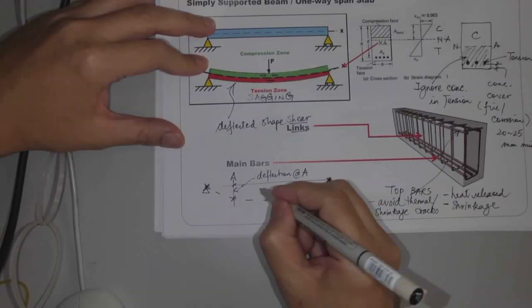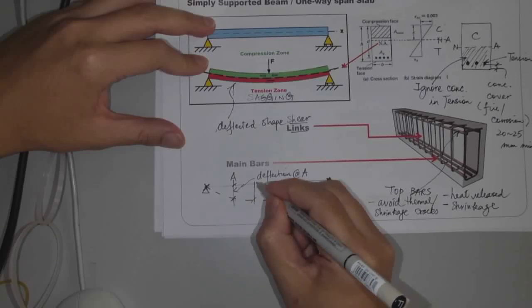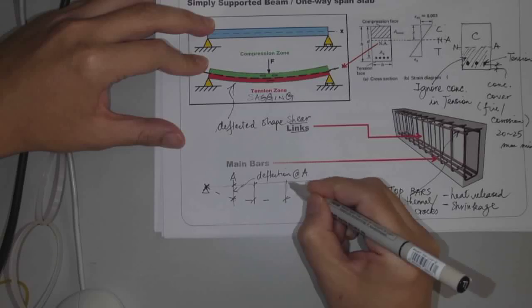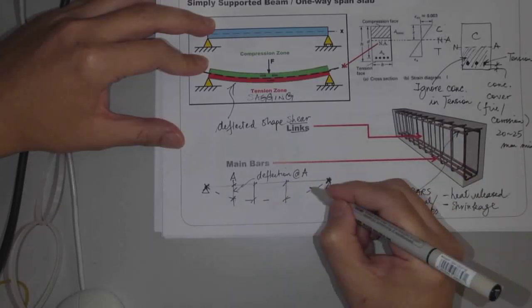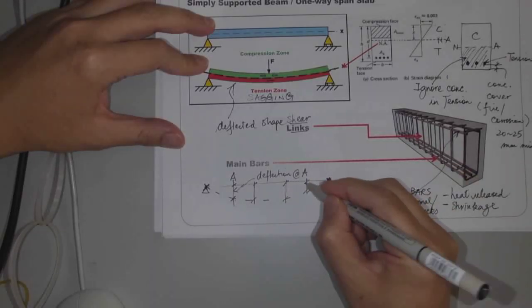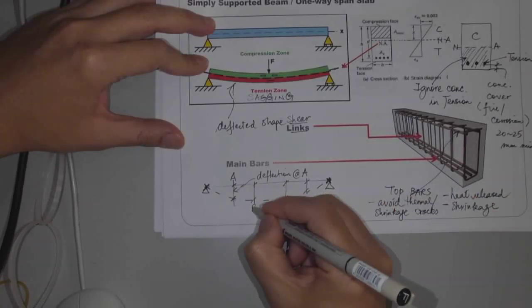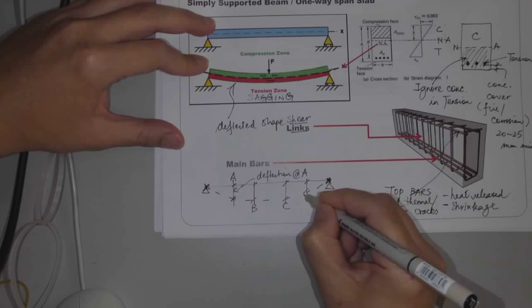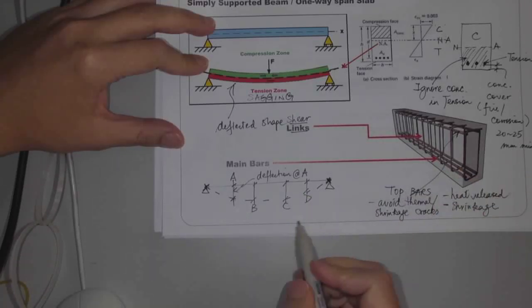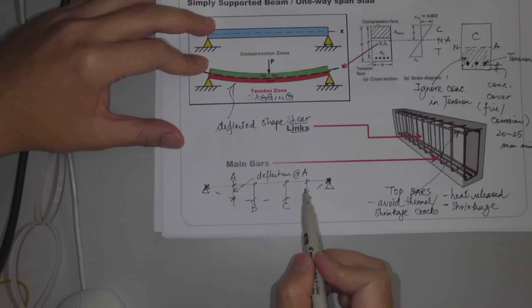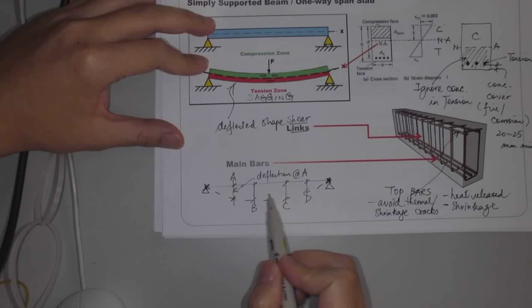I can also measure the deflection at B. Can I measure the deflection at B? Yes, of course, why not? Can I measure the deflection at point C? Yes. Can I measure the deflection at point D? Yes. So this is my deflection at A, this is my deflection at B, at C, at D, wherever you like. But you should notice, they are not the same. The deflection values at different points keep changing.